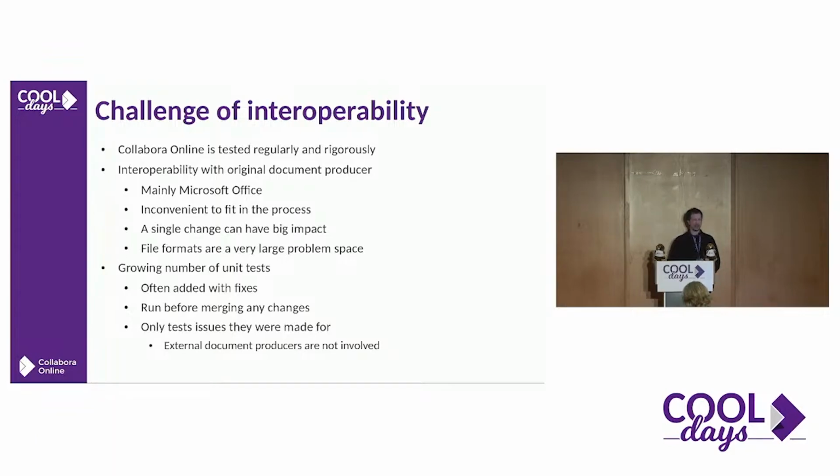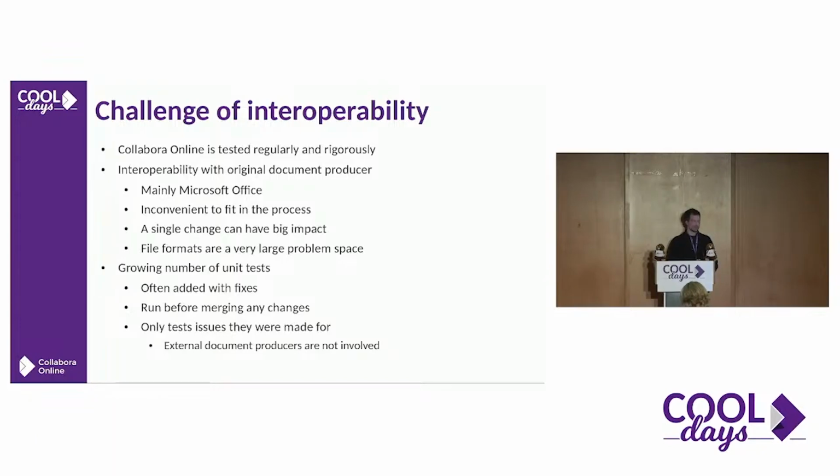And what this means is that, because of the inconvenient nature of testing, and also that file formats are very complex, described in documents thousands of pages long, it's very hard to cover all the details in the various formats.